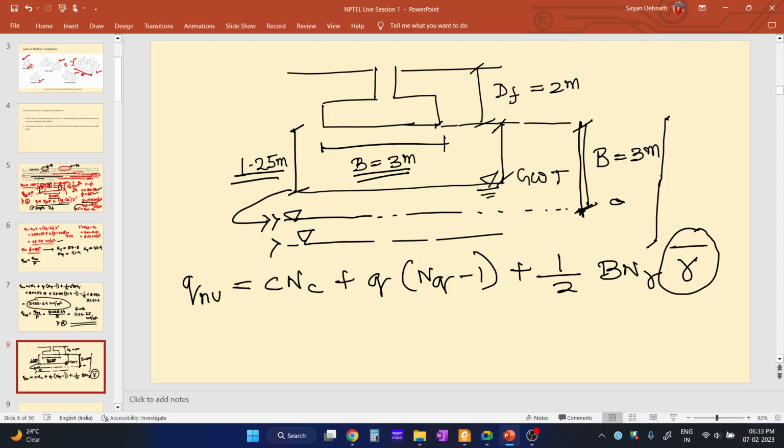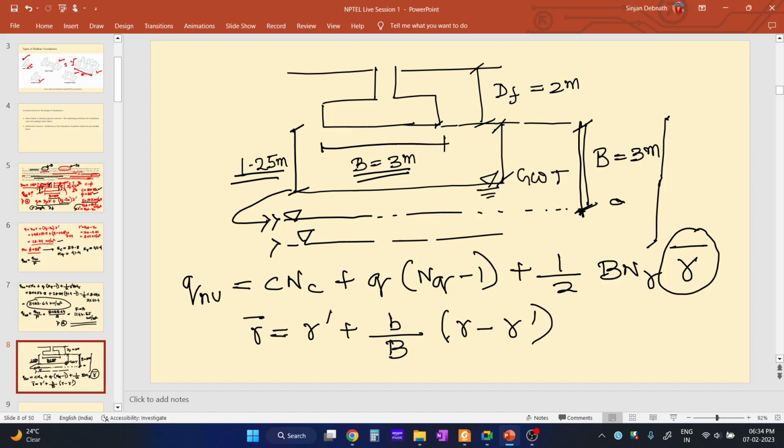So what is gamma dash? Gamma dash is equal to gamma submerged plus b by B times (gamma minus gamma submerged). So now what is small b?